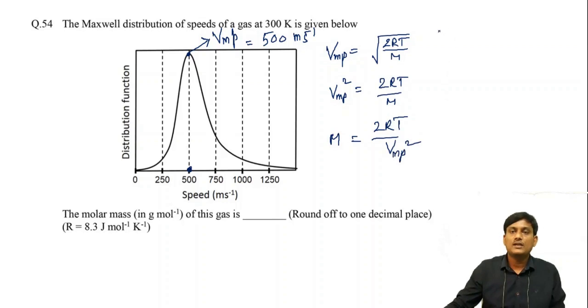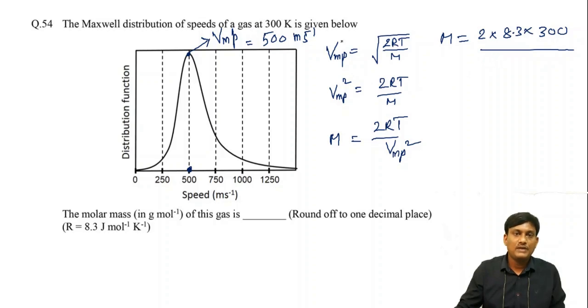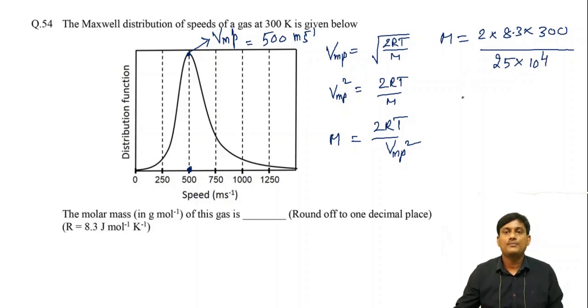So when you take these values, what is R value? 2 into 8.3 and temperature is 300 Kelvin divided by VMP square, 500 square, you will get 25 into 10^4.